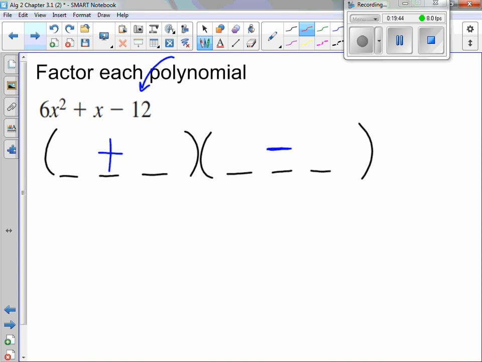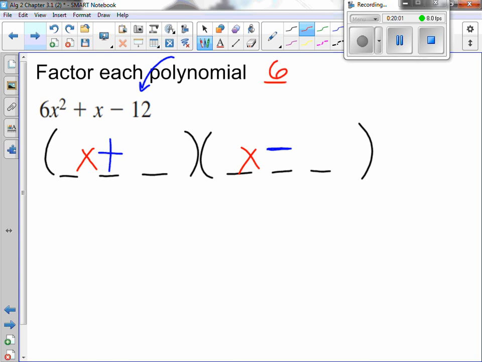Factors of the first and third term. Well, we have 6x squared and 12. What do we know it'll be in the first spots? x and x, just whatever the variable is. Because that's the only way we can get x squared is x times x.